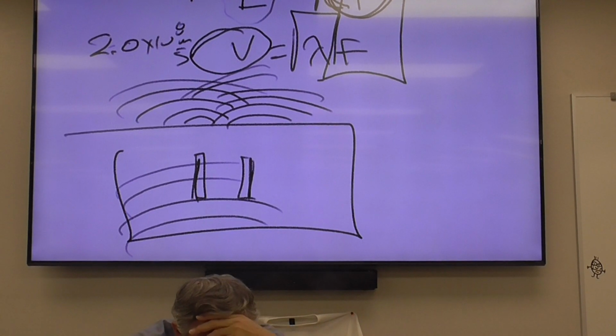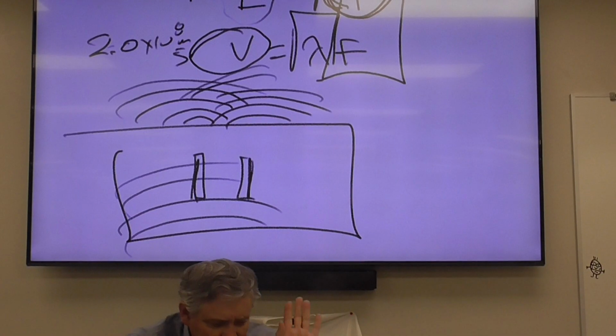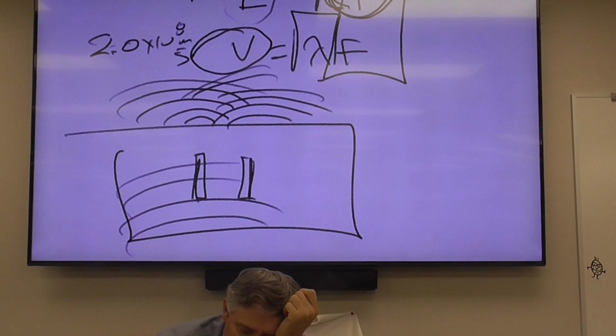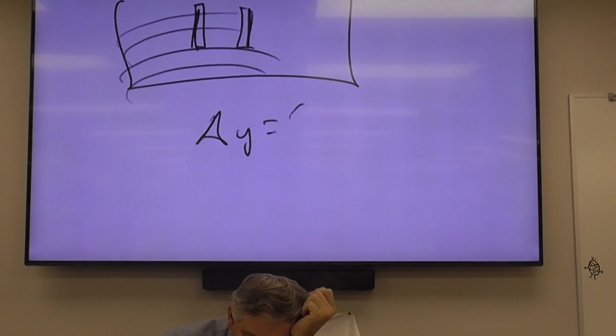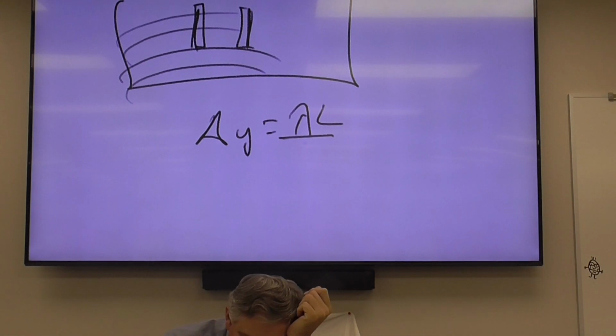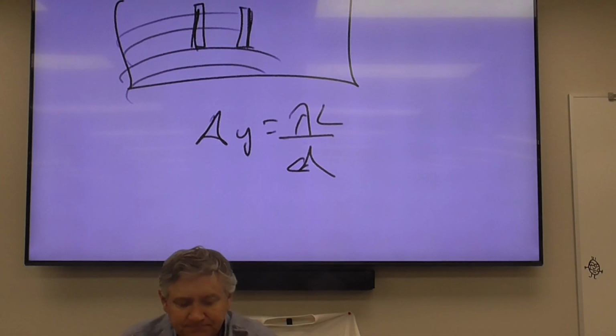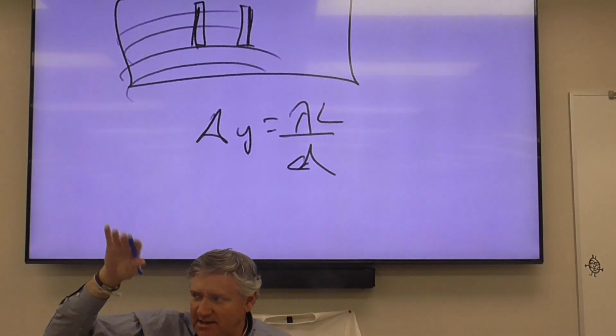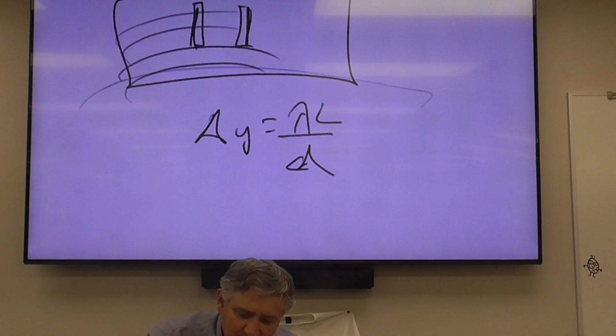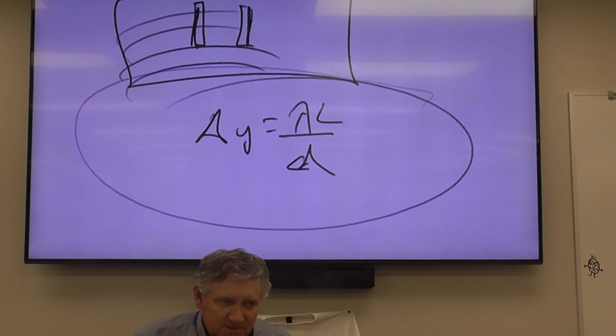And again, this is what frustrates me in terms of your equation sheets. So what you need to understand on number 5 is you've got delta y equals lambda L over D. Your book goes into this weird thing where it has A and all of this. This is your nuts and bolts equation.